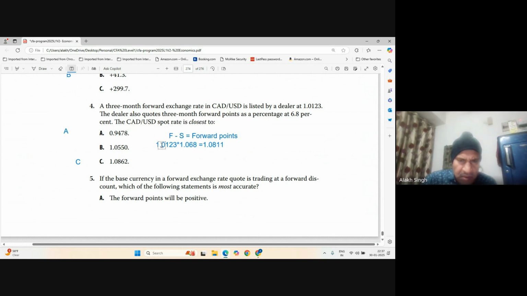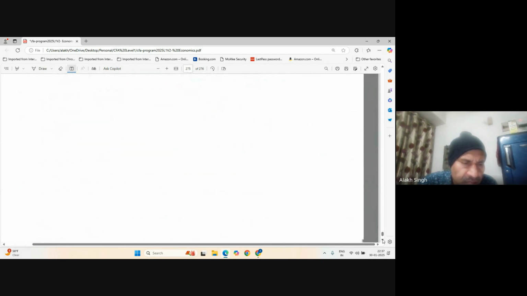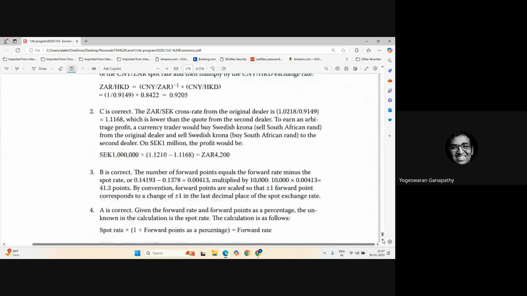Then F minus S is equal to forward points. That's correct, but here it is already the 3-month forward exchange rate, so S is F minus this. Agreed with the book. My question is whether it should be divided by 10,000.